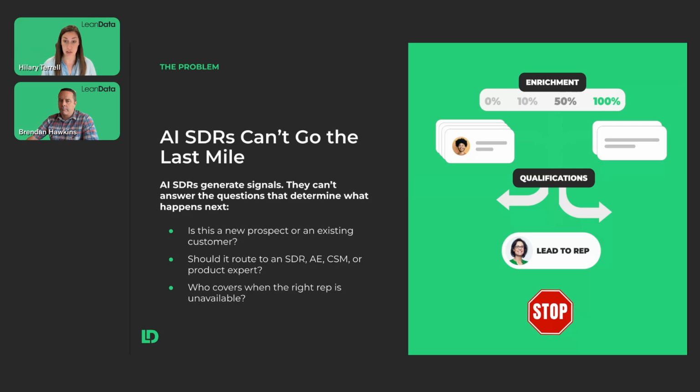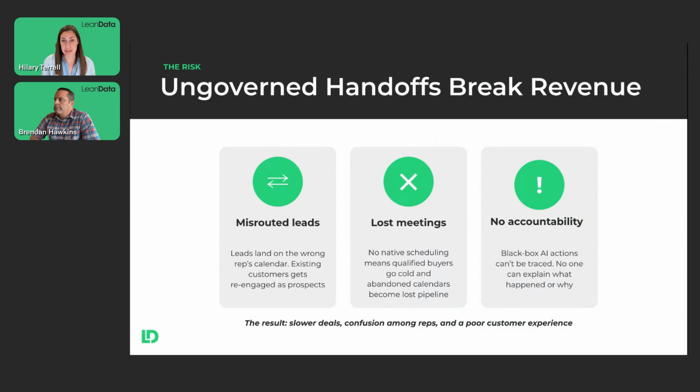Do I need to pass it to an SDR, the account executive, a CSM, maybe a product expert, and who's actually available? The AI SDR typically has a limited set of information that it can work from. And what that means is that the handoff breaks, and that means your revenue lifecycle is broken.